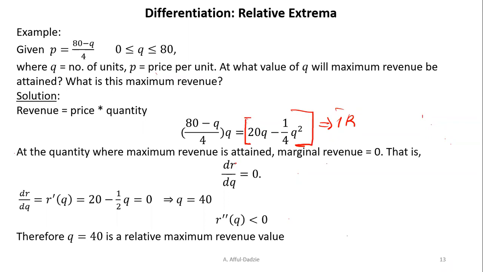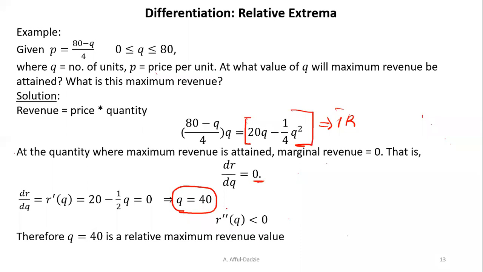When we do dR/dQ, taking the first derivative, we have to equate it to 0. So dR/dQ should be equal to 0. Here the first derivative is 20 minus 1/2 Q, and that is equal to 0. Then we solve for Q, and we find Q to be 40.